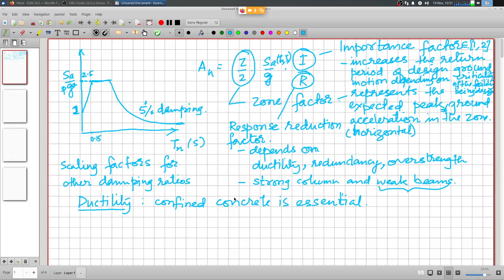Not only is the concrete able to withstand much higher strain and much higher stresses under compression, but it will also have a much larger ultimate strain at failure, and that is what facilitates ductile behavior.